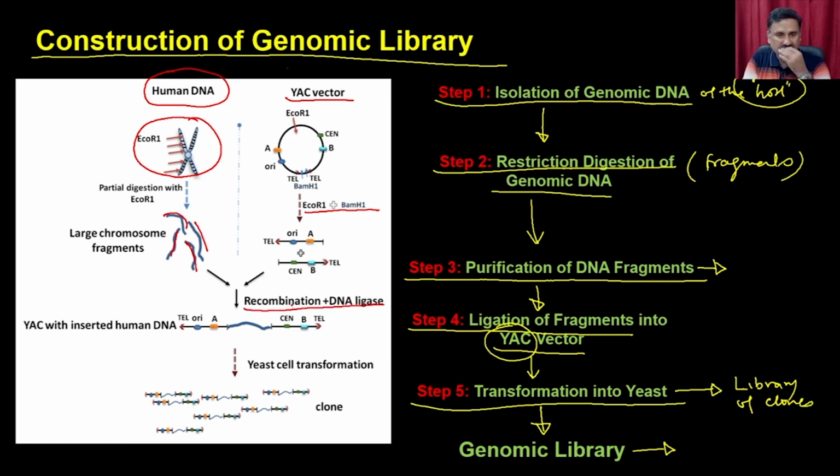Once you do the ligation, all these fragments get randomly ligated into the YAC vectors, and then you do the yeast transformation, and that's how you get the clones. So this is one clone, this is the second clone, this is the third clone, and so on. All these clones constitute the genomic library.